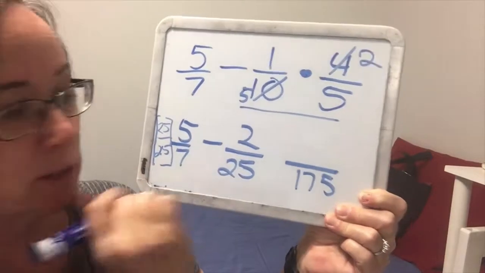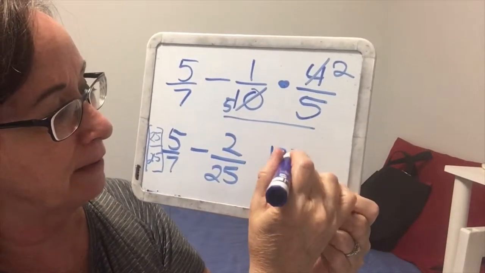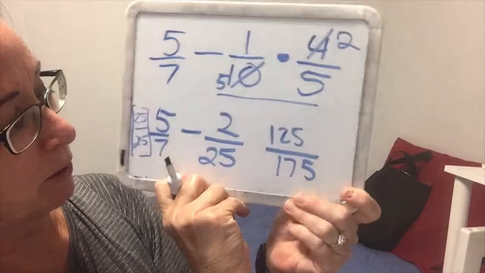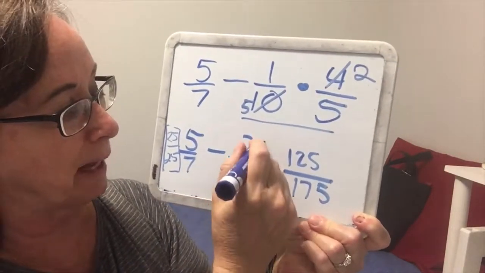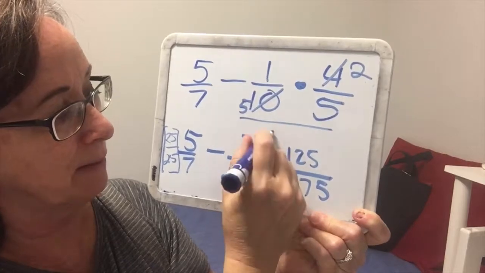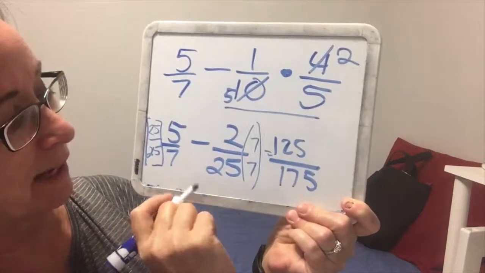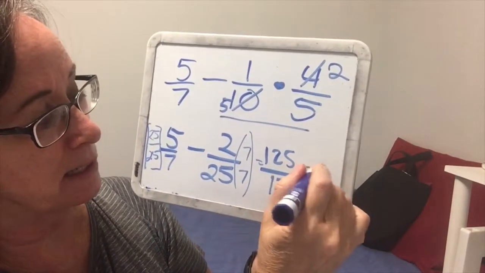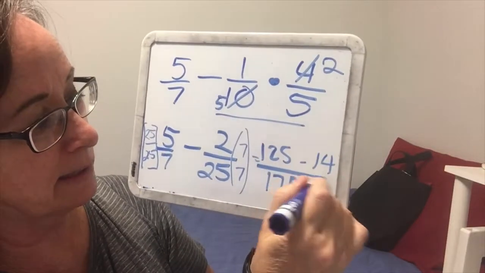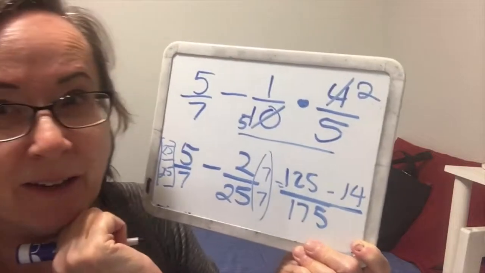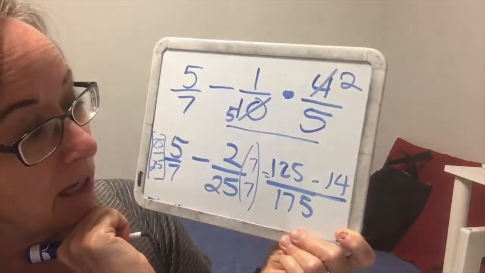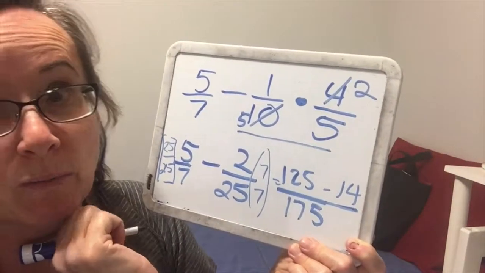And 5 times 25 is 125. And then we're going to get 25 to 175, which means we're going to multiply by 7/7. And that's going to give us 14. So minus 14 also over 175. And 125 minus 14 would be 111.